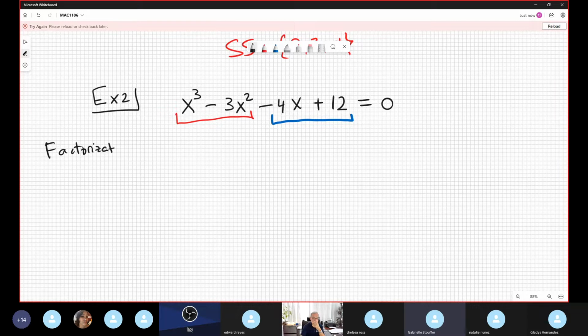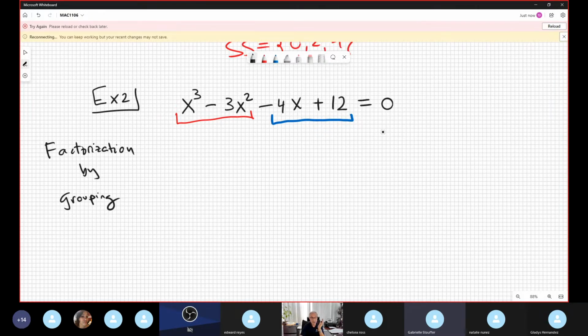So I remember very well that when you have 4 terms in a polynomial, it is factorization by grouping. Now, grouping who? I don't know. I suppose the first and the second, and the third and the last. I don't know if it works or not. Let me try, at least try.